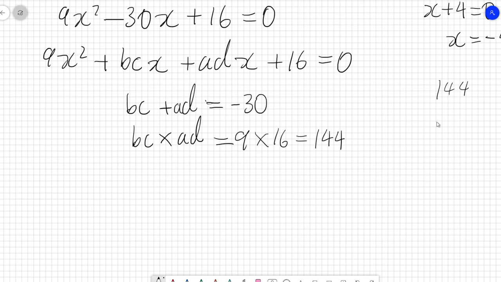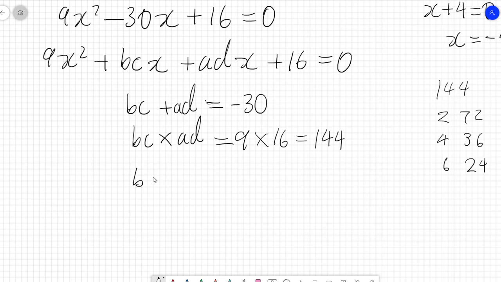So let's start with the basic ones, 2 and 72. I'm not going to bother with 1 and 144 because it doesn't really do much. 4 and 36, and 6 and 24. Excellent. 6 and 24, because 6 plus 24 is 30.